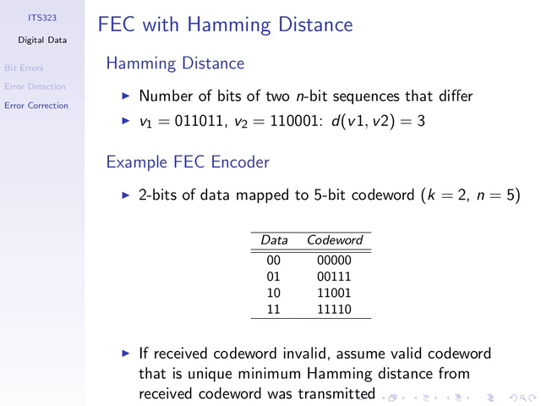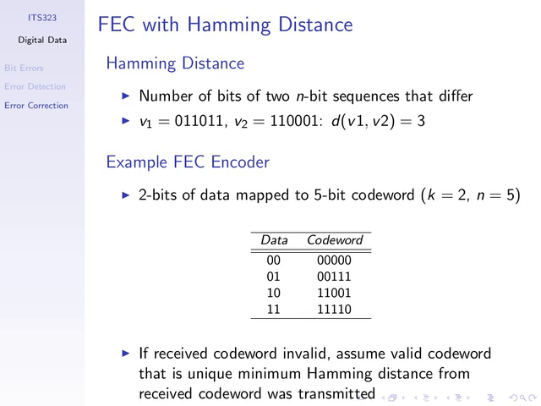So we take the received code word, compare it to each of the four valid code words and find their distance. The first valid code word and the received code word, what's the distance? Received, valid code word 1, what is the Hamming distance between them? 2. 2 bits differ.